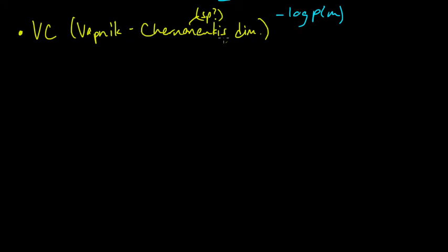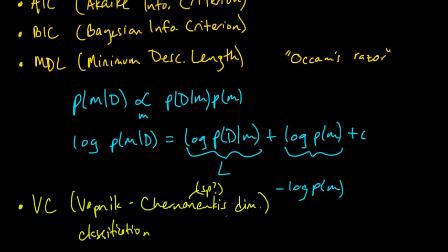And very roughly, let me just give you the rough idea behind Vapnik-Chervonenkis dimension. The rough idea is that you penalize models which can, and this is specialized to classification, separate more complex data. I'm not going to say more than that, but the basic idea is that you penalize models which can have more wiggly decision boundaries.